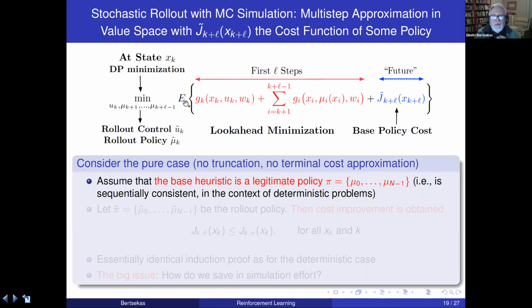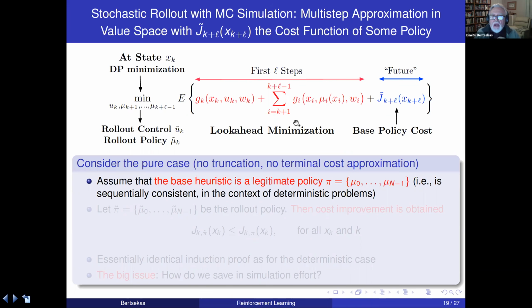The only thing that's different is the expected value here over the uncertain quantities. And we're going to focus on the case where this expected value is not calculated in closed form, but rather is calculated by Monte Carlo simulation.